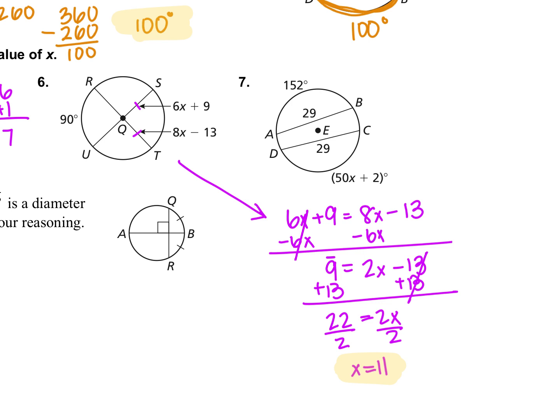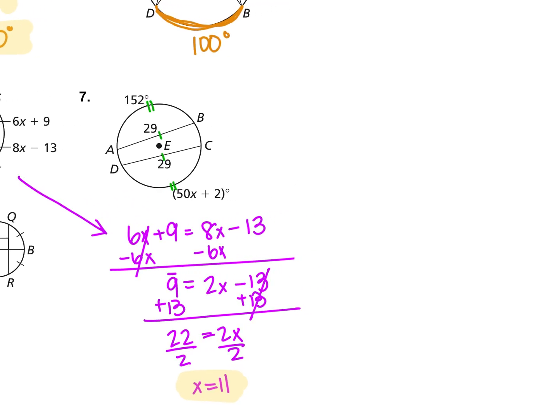Looking at number 7, if your two chords are congruent, your two arcs are going to be congruent. So now that I know what that equals, I can solve. So I have 50x plus 2 equals 152.